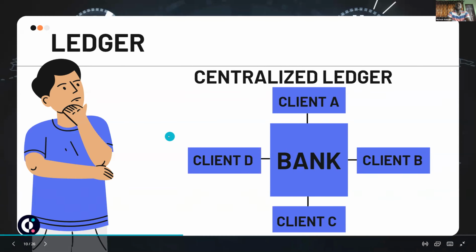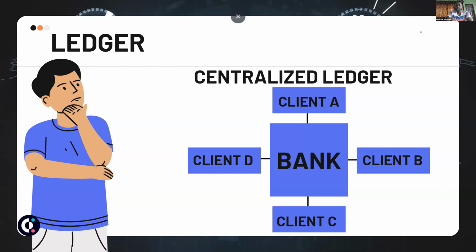Now, a centralized ledger is similar to the common order we have in each economy, where there's a central governing power which everybody goes to, which governs each of our activities and takes control of our money.